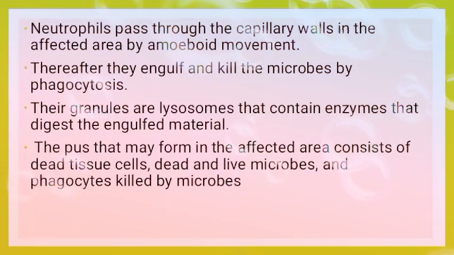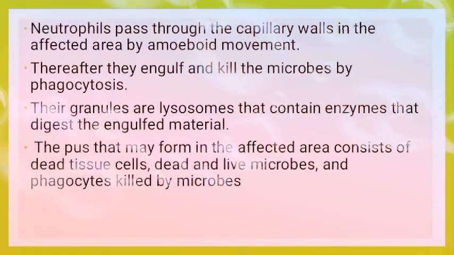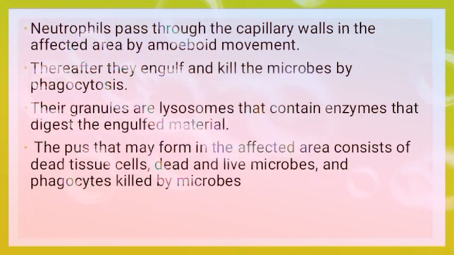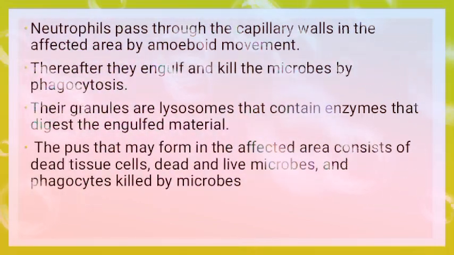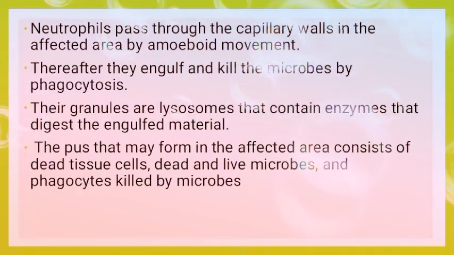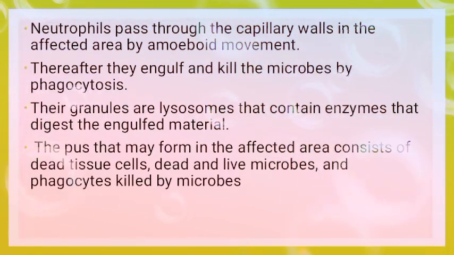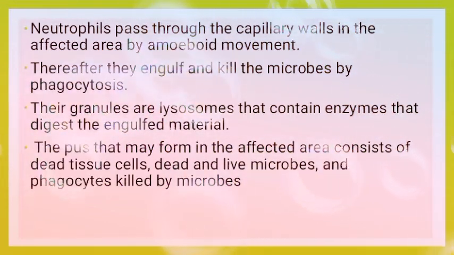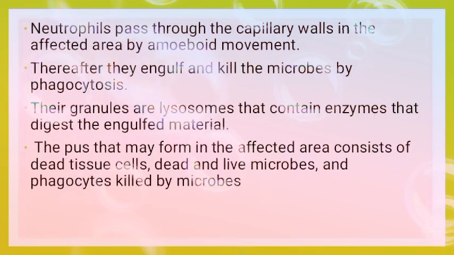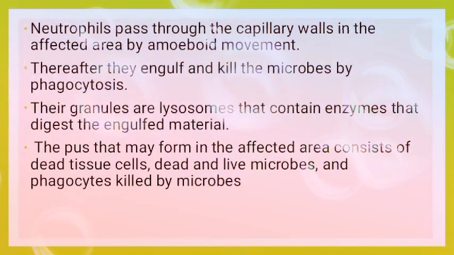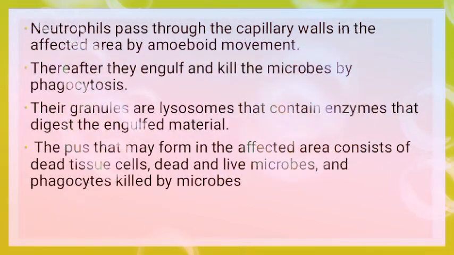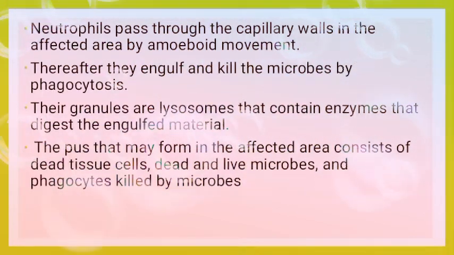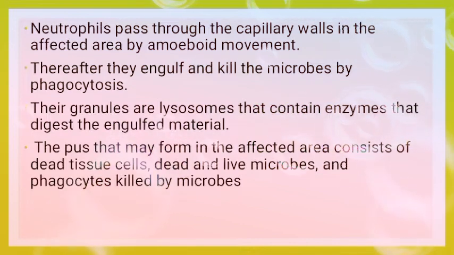As the blood is circulating throughout the body, at the site of injury the neutrophils seep through from the blood vessels into the tissue by amoeboid movement from the capillaries. And when they reach the site of injury, they carry out phagocytosis, which is engulfing and killing all the microorganisms that are detected at the site of injury.